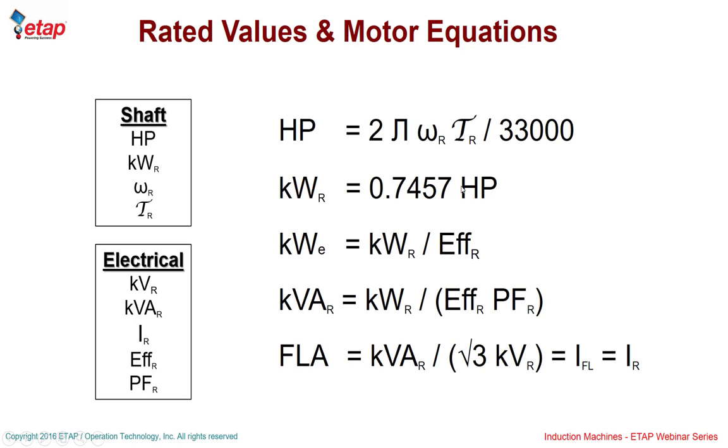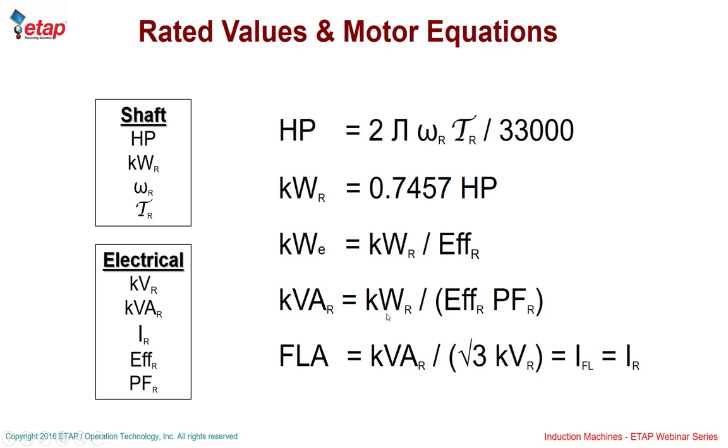The general equations: horsepower is 2 pi omega r T sub r divided by 33,000. Rated kilowatt on the shaft, again, is 0.7456 times horsepower. Electrical power is the mechanical power divided by efficiency.